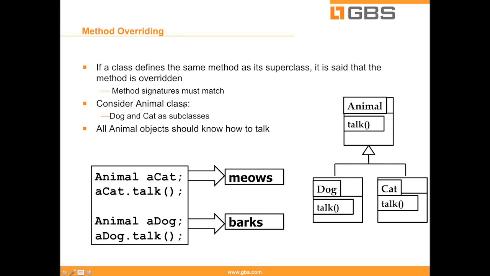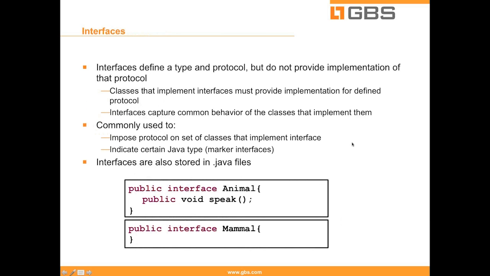So if we have, for example, the animal class, the dog and cat subclasses, you don't want your cats barking and your dogs meowing. So you can define a talk method in the animal class, and then override that at the specific instance so that your animals speak correctly.